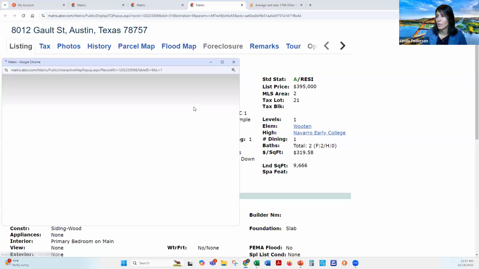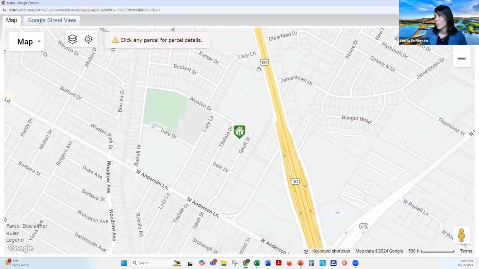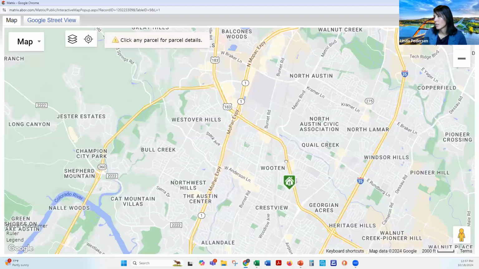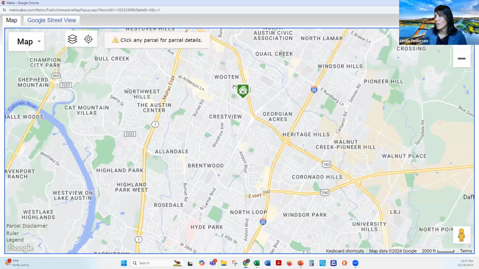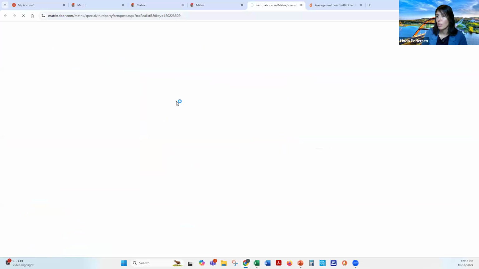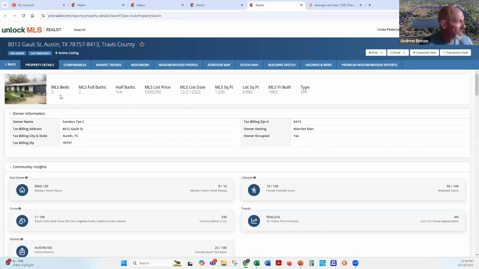If you look at the map, it's just northwest of downtown. If I looked at this super quick, my guess is this one has an ARV of like 500. What are you thinking, Andrew? Do you have a guess? Yeah, that wouldn't surprise me at all.